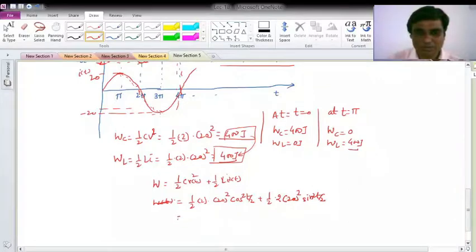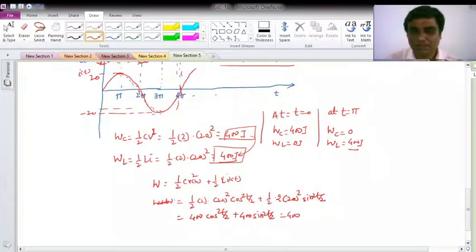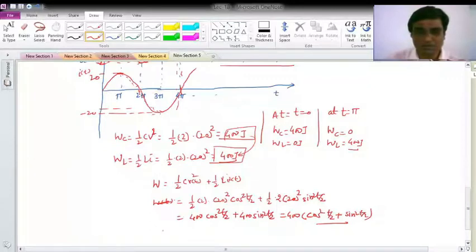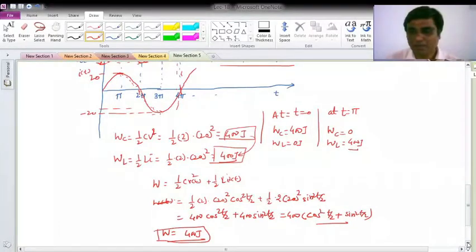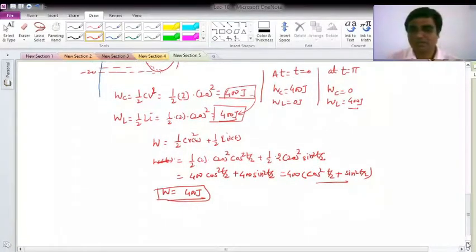Okay, so this will be 20 square means 400 cos square t by 2 plus 400 sine square t by 2, and then 400 again I'll take common, so it will be cos square t by 2 plus sine square t by 2, which is again 1. So the energy at any time will always be 400 joule. Okay, so the full energy is there, there is no energy dissipation.